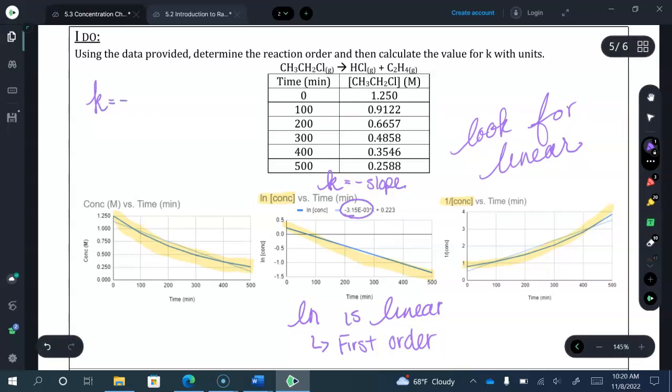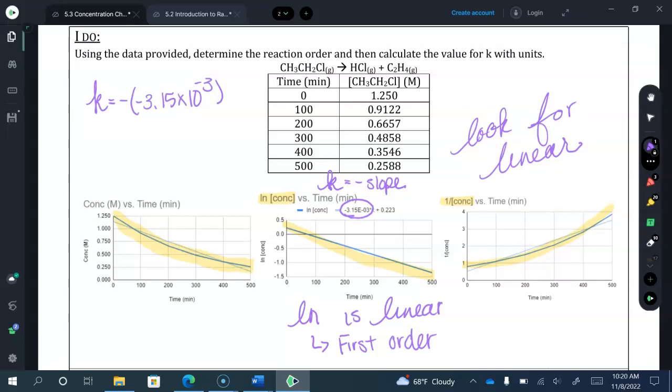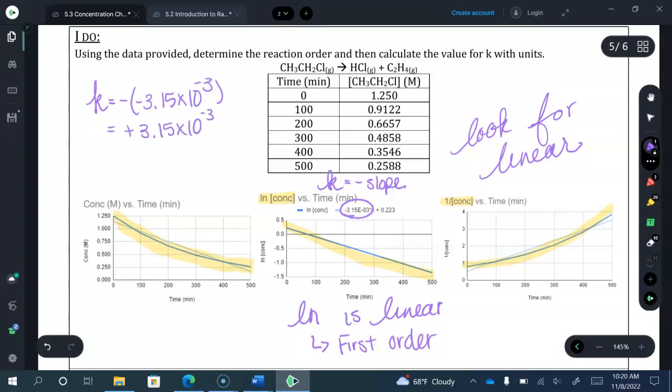K is equal to the negative of negative 3.15 times 10 to the negative third. Okay. And that tells us that it is positive 3.15 times 10 to the negative third. And then we have to figure out the units.